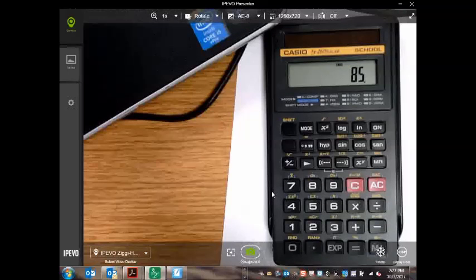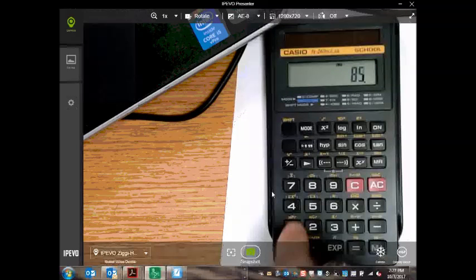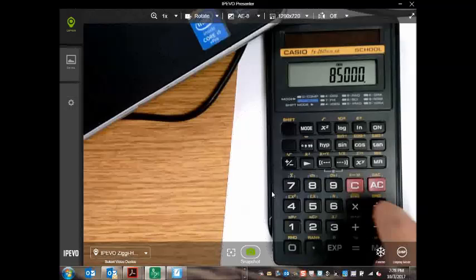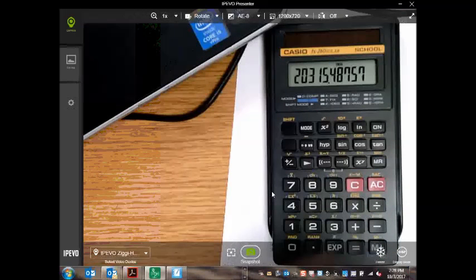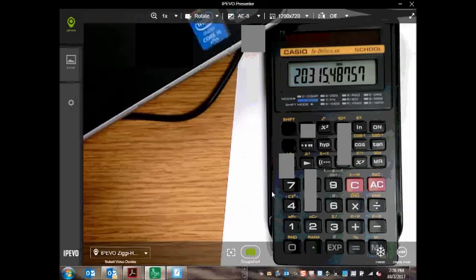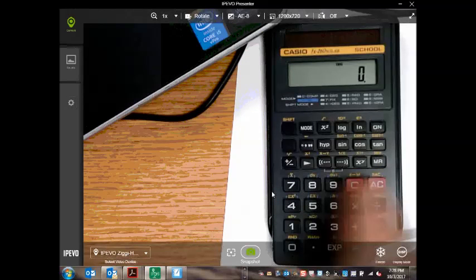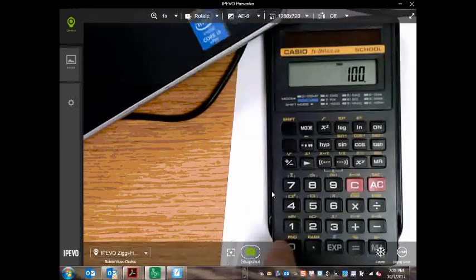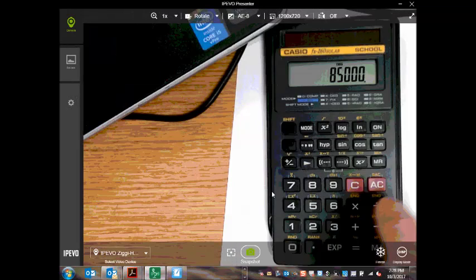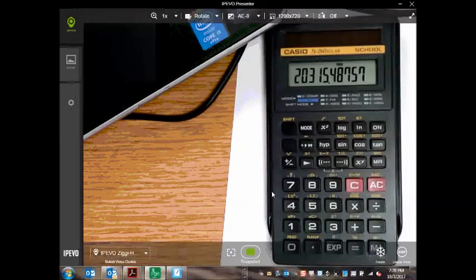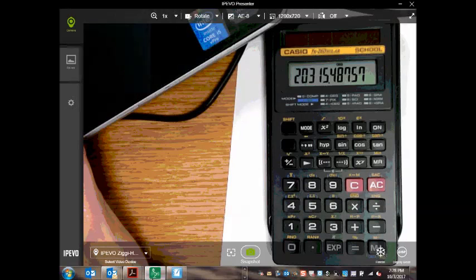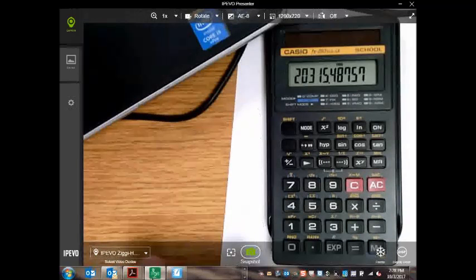So 1,000, multiply by 1,000, and then divide by the 4.184. Hit enter. So I do it in 3 separate punches. 85 times 1,000 equals, divided by 4.184. Is that right? Did I do that right? So make sure you're using your calculator right now.